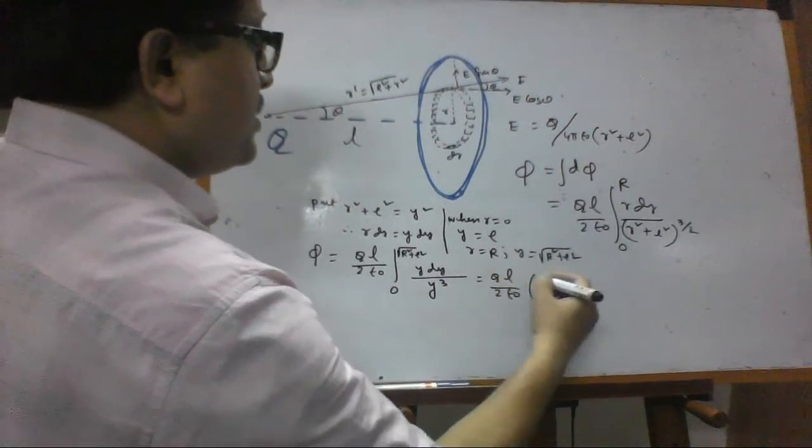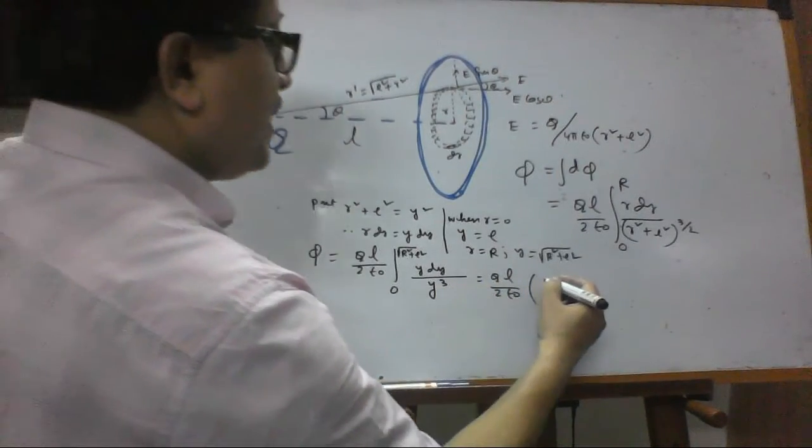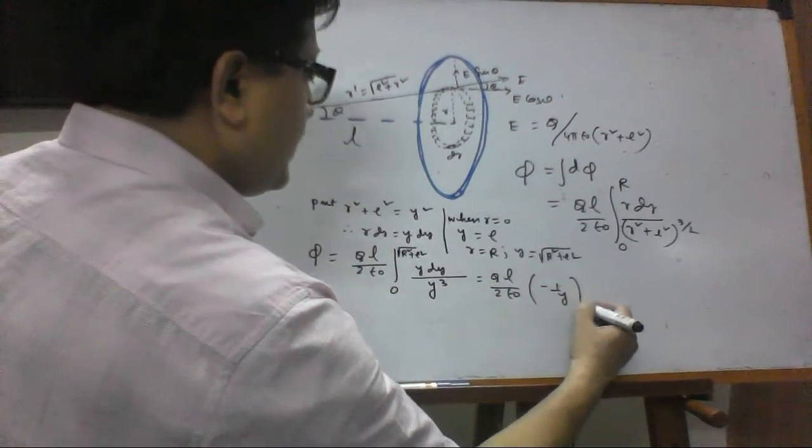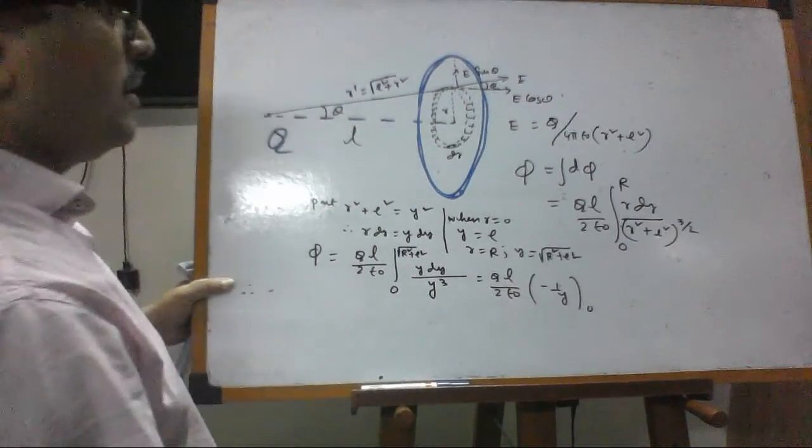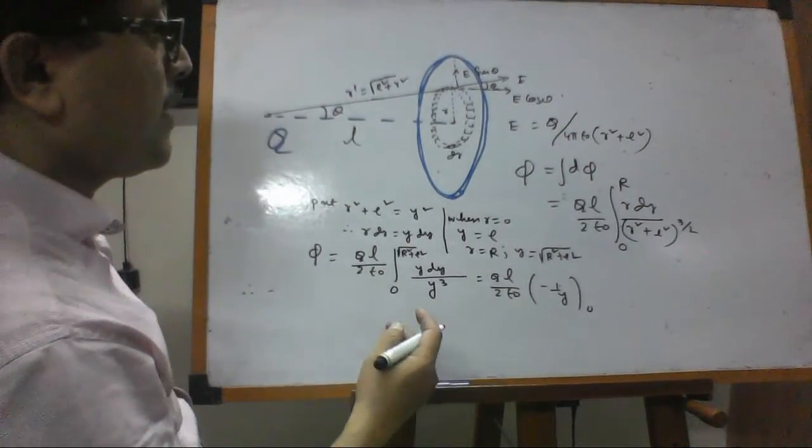This is dy by y square, and minus 1 by y is the integration.